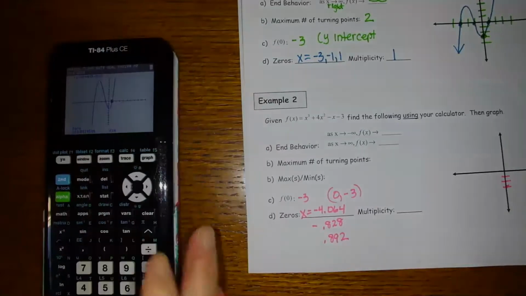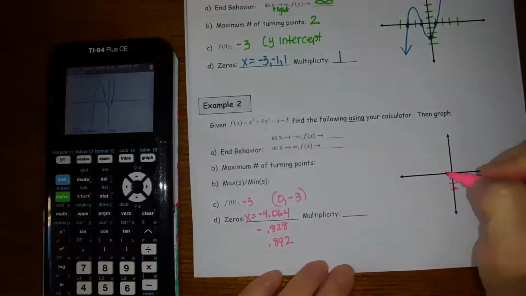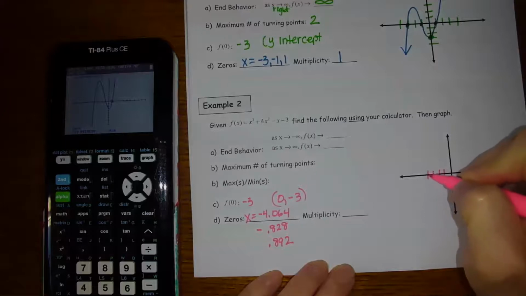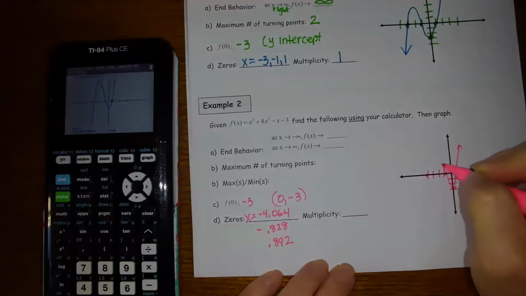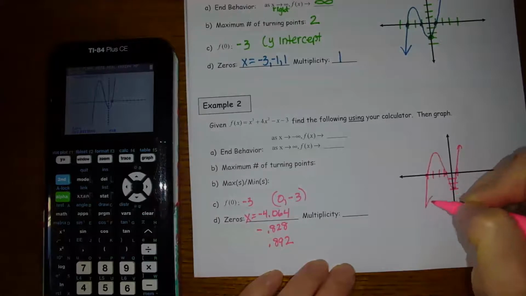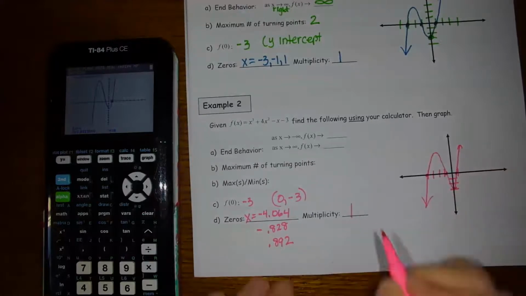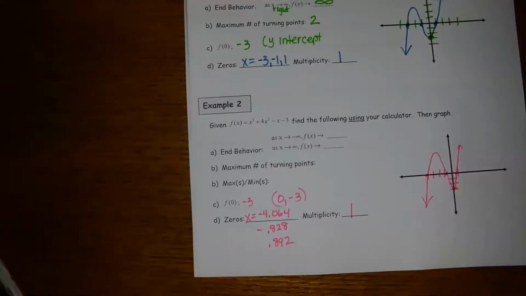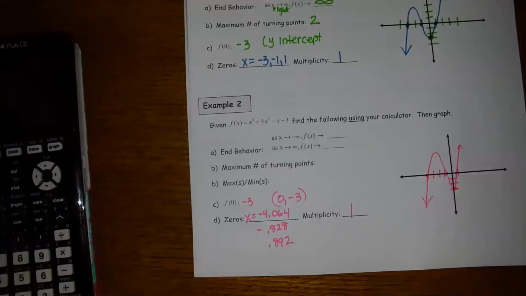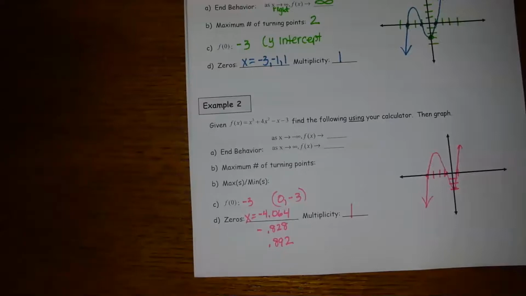Okay, there we go. I have a 0, just a smidge bigger, and then right there, and right there. And it is positive in the front, right? So multiplicity of each one of those is 1. Does that make sense? Are we okay? Y'all are good with your calculator? No troubles there?